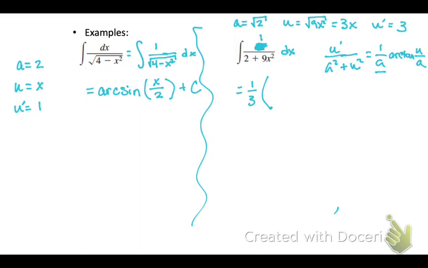Okay, so 1 over what? Square root of 2. Arc tangent of u, just 3x, over a, plus c. So let's clean it up a little.